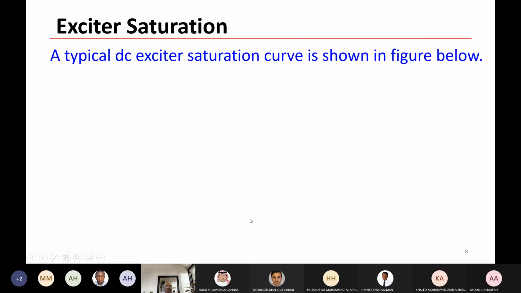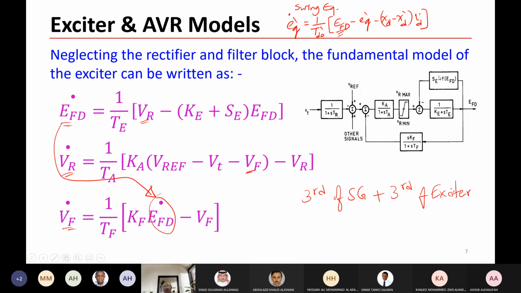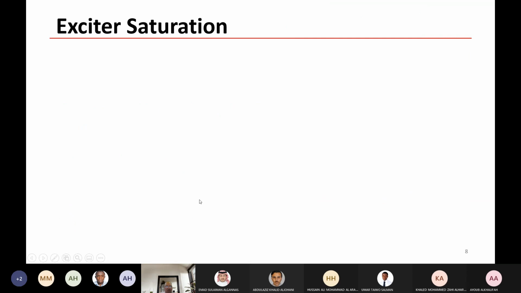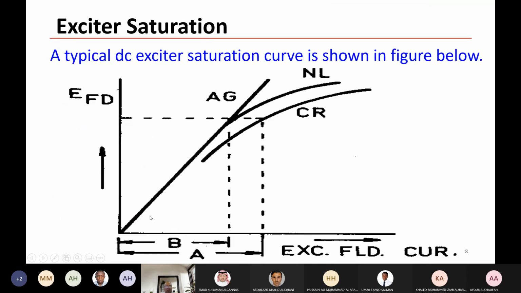So excitation saturation now. What is SE? What is this factor? How can we calculate this factor? Of course we can approximate this saturation as an exponential function. This is a very typical excitation or no load characteristic of the synchronous machine.